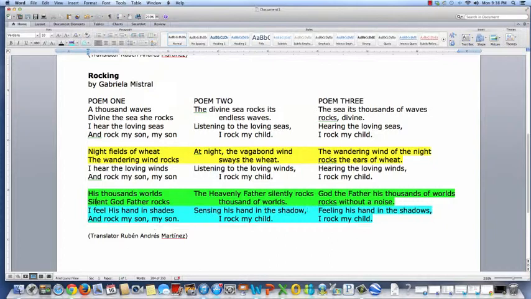Is the one that gives you the most sense of peace 1, 2, or 3? And which one is the least calming to you? The least amount of peace? Why don't you turn to your partner and talk in the context of these poems, which one is the calmest and which one is not? And then I'll see you back here in a second.